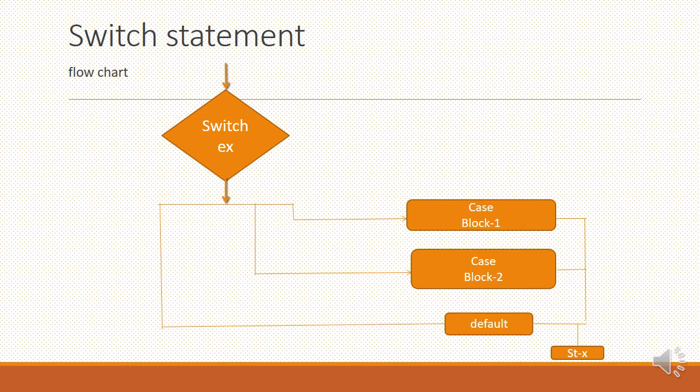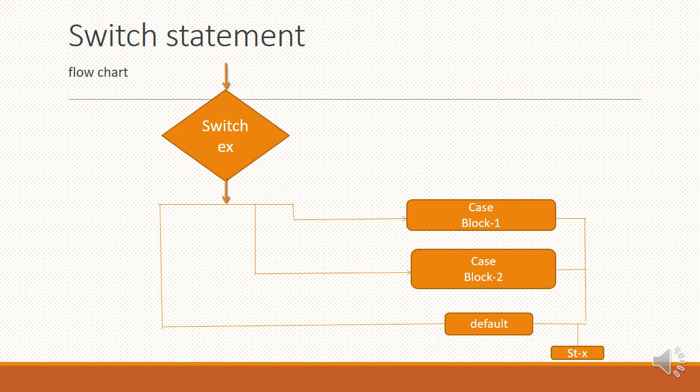After executing block 1, your control goes to the next statement. That means it is not going to check or execute the next case statements available in the switch statement, and the default statement is also not executed.